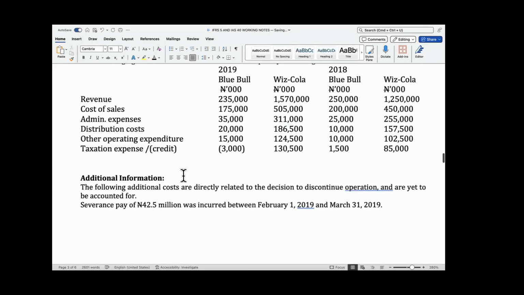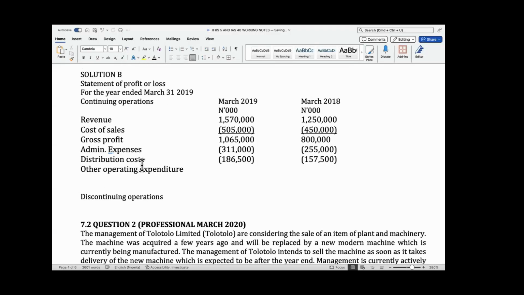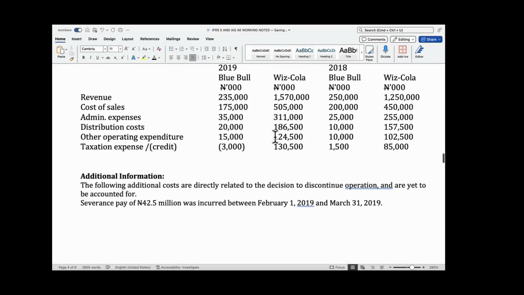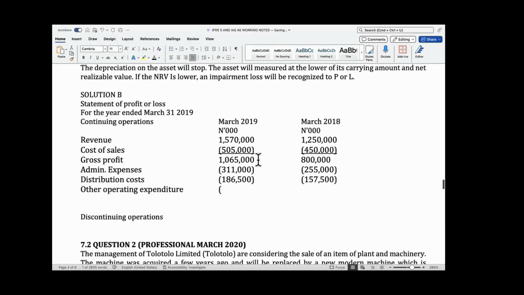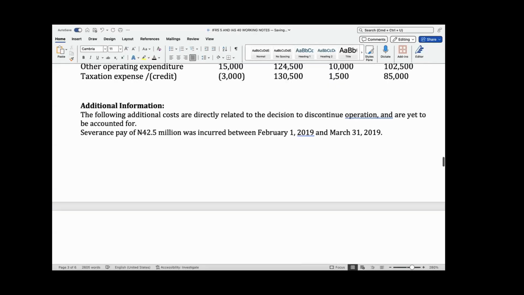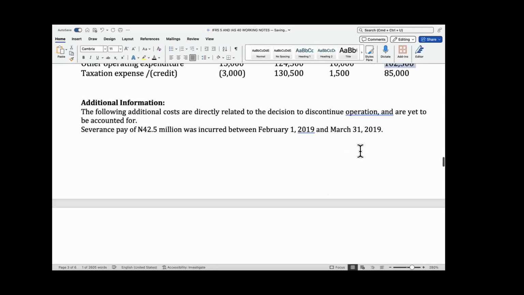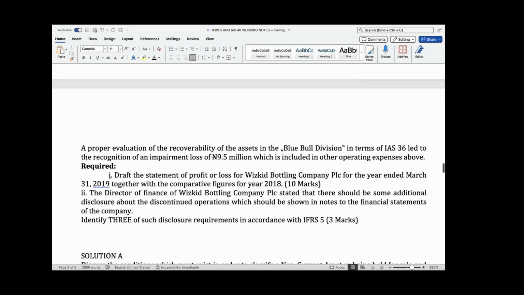That's our distribution cost. And our other operating expenses, we have 124,500 and 102,500.